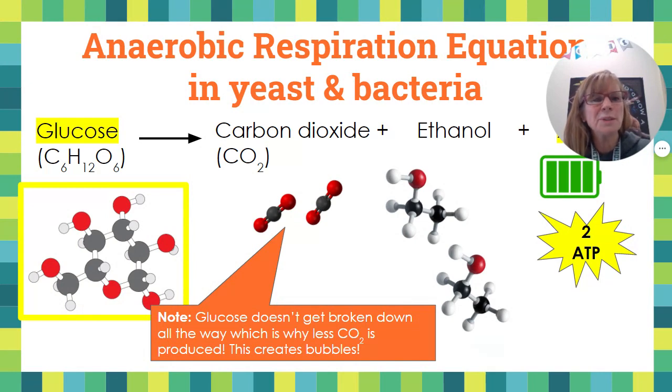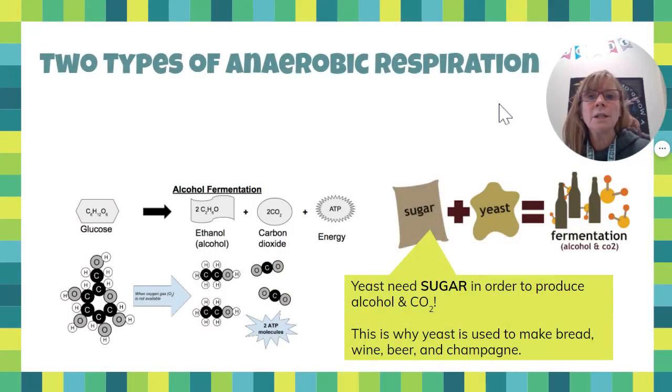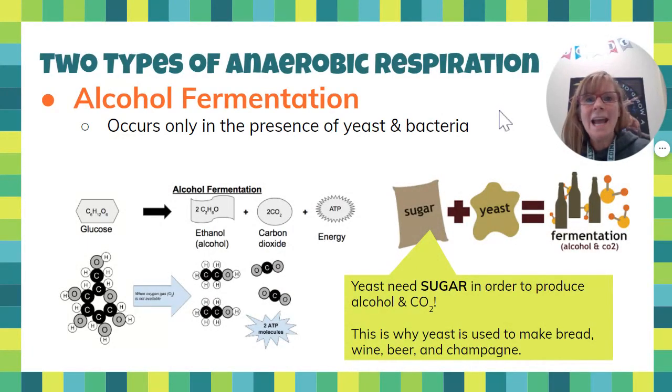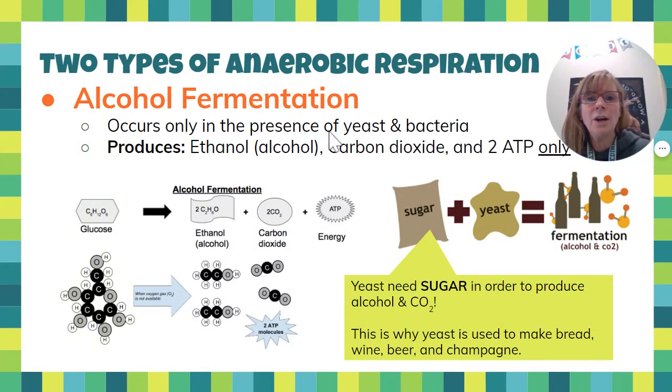The bubbles in beer, or no, you shouldn't know the bubbles in beer, but bubbles in beers and champagne, and actually the air bubbles in bread making, are all the CO2 from this alcoholic fermentation. So that's the next type of anaerobic respiration, alcohol fermentation. It occurs in the presence of yeast, hence the bread making, and bacteria as well, and it produces ethanol, carbon dioxide, and a little bit of ATP.